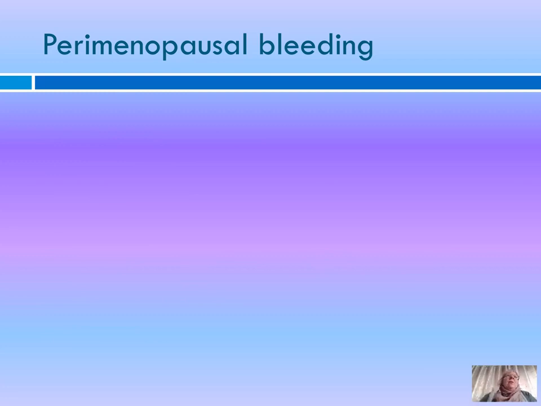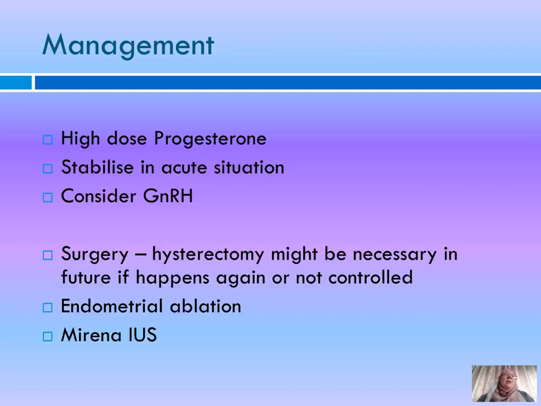So when you now think about this being perimenopausal bleeding, how do you manage perimenopausal bleeding? Perimenopausal bleeding is managed with high-dose progesterones to stabilize in acute situations.